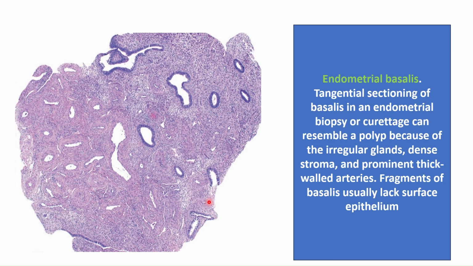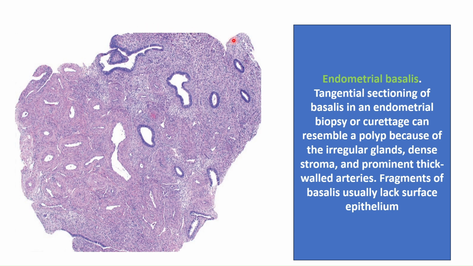Third is endometrial basalis. Endometrial basalis normally contains thick-walled vessels and mainly irregular proliferative glands. So here dense stroma, prominent thick-walled vessels and irregular glands are there, but what it lacks is surface epithelium.